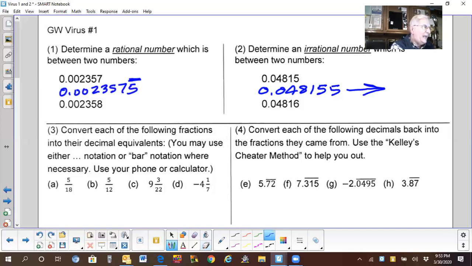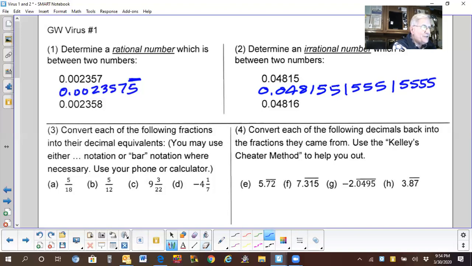The third way, and my favorite way to show this answer as an irrational number between them, is to put a pattern on this number. You could do any pattern you want, but I'm going to use a 1, then I'm going to put 5, 5, 5, then I'm going to put another 1 and 3 5s, 4 5s.